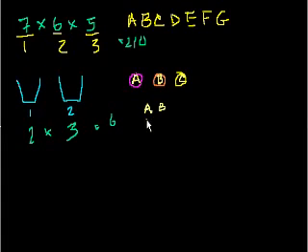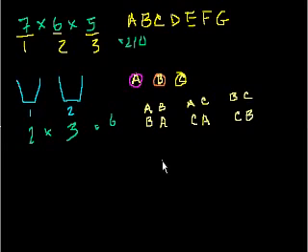It could be B in cup 1, A in cup 2, right? You could just switch them, so we actually care which ball goes into what cup, not just whether a ball is in a cup. It could be A in cup 1, C in cup 2. It could be C in cup 1, A in cup 2. And then finally, you could have B in cup 1, C in cup 2, or C in cup 1, B in cup 2.